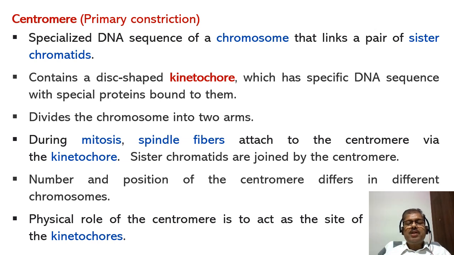During mitosis, spindle fibers attach to the centromere via the kinetochore. The sister chromatids are joined by the centromere. The number and position of the centromere differs in different chromosomes. The physical role of the centromere is to act as the site of assembly of the kinetochores.